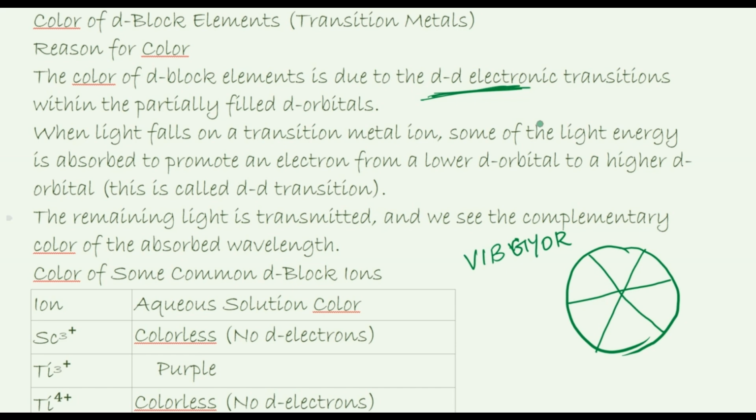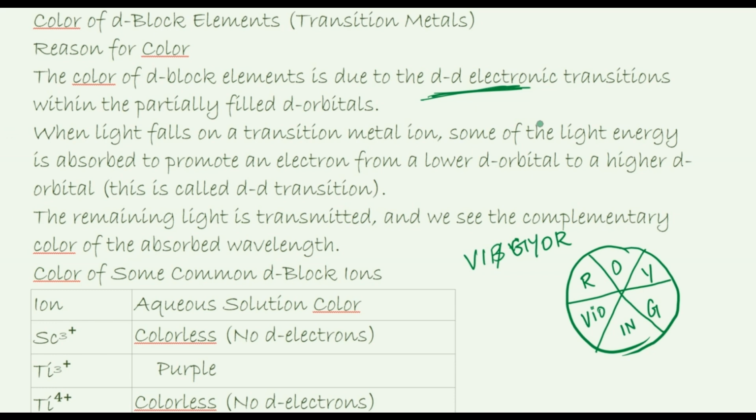So I'm going to write violet, indigo, green, yellow, orange, red, in the same order. I'm just going to leave out blue. Blue and indigo are both the same color. Now we just remember it like that, so I'm eliminating blue. So this is the color wheel.